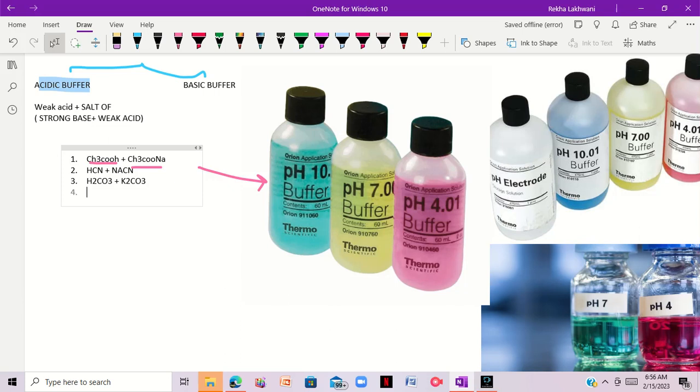Let's have another example, benzoic acid. Now what is benzoic acid? Let me draw this. I love to draw things.